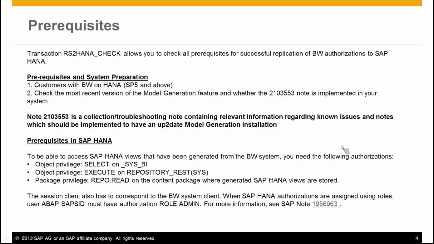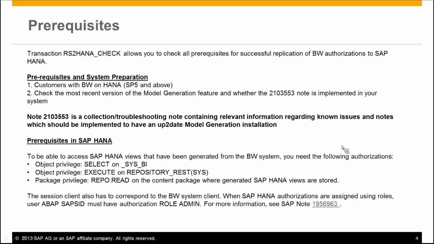This is at a very high level, though it doesn't cover almost all the prerequisites, but I just thought I will capture some of them which would be very handy and useful. One of the ways we check whether your BW HANA version is geared for model generation is via the RS2HANA_CHECK transaction code.